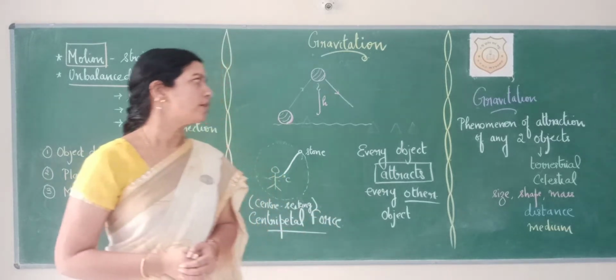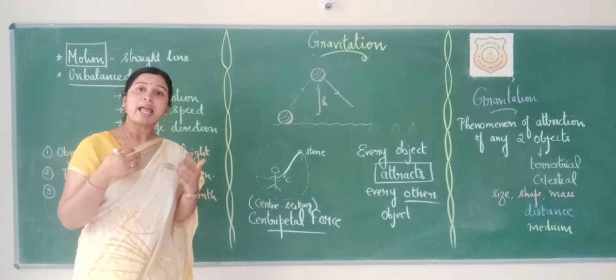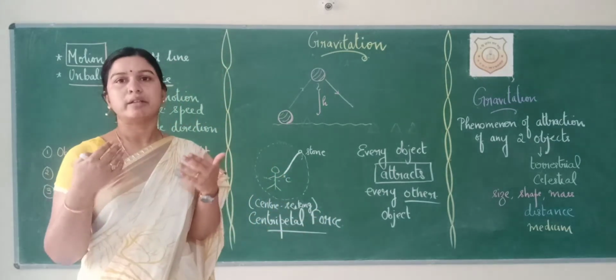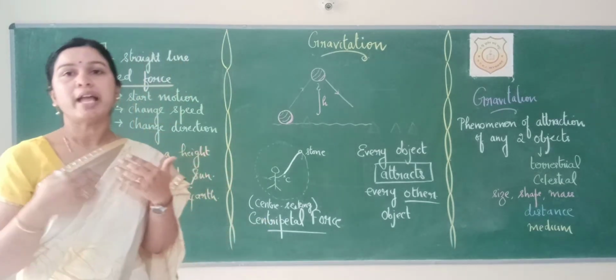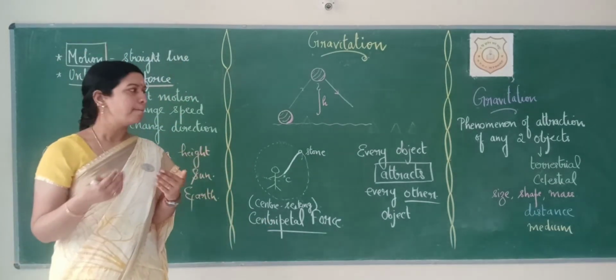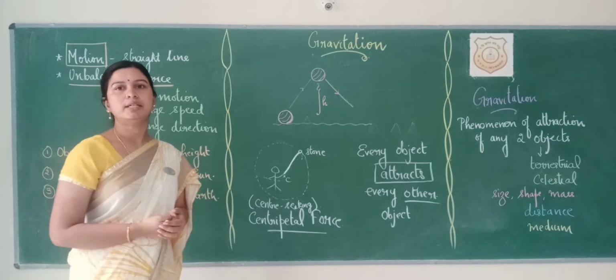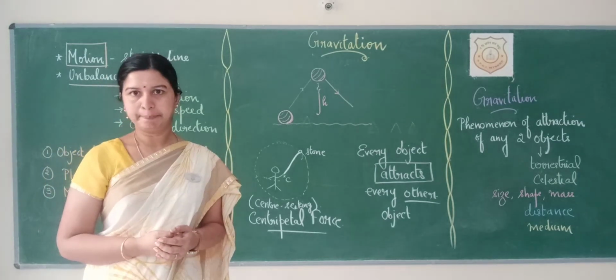So gravitation is the phenomenon of attraction of any two objects, whether they are terrestrial or celestial, of any size, shape, mass, irrespective of the distance and medium between them.